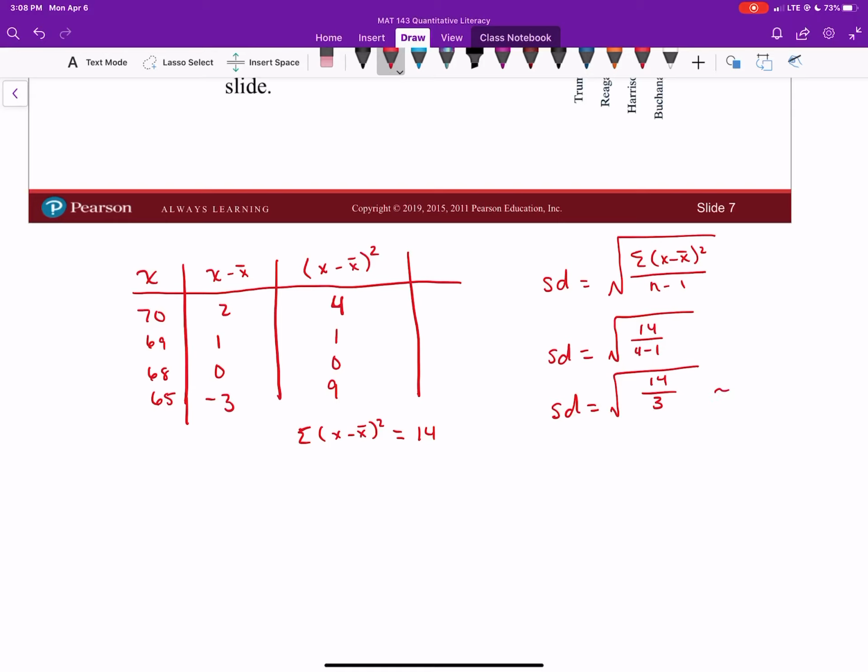Then when you put it in the calculator, it roughly gives you 2.16. And that is your answer.